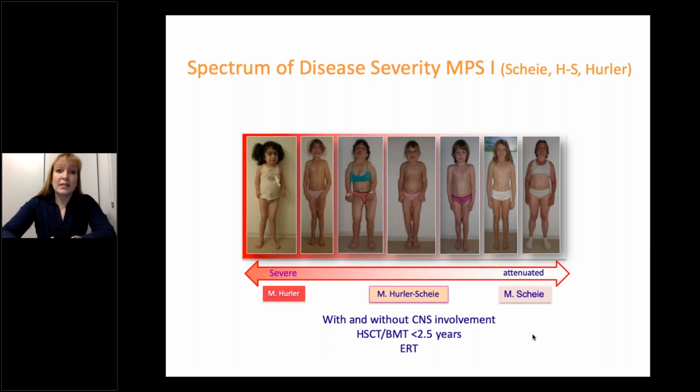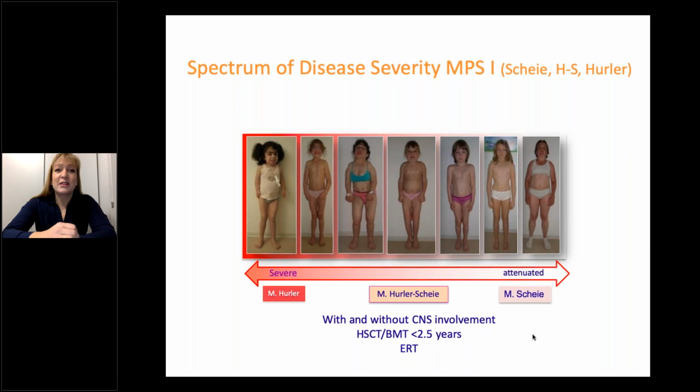The spectrum of the disease severity in MPS 1 is shown here. And important is that MPS 1 has one advantage in contrast to the other MPS types. The advantage is that if you diagnose an MPS 1 patient with a severe disease under the age of 2.5 years, there is a stem cell transplantation or bone marrow transplantation possible that is stopping the cognitive decline in these patients.